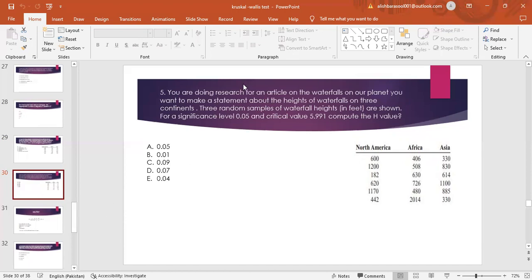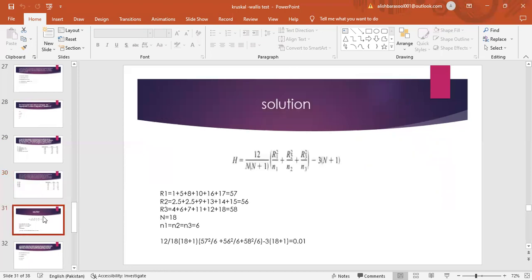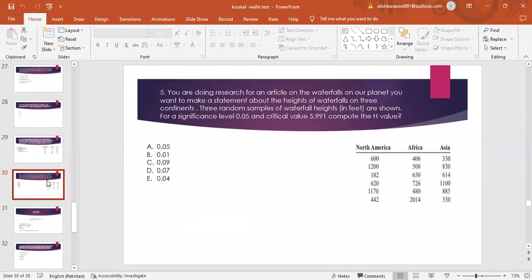Anyone like to answer? Okay, we will substitute these values in this formula for calculating the H statistic. And by substituting the values, we will get 0.01. So in this MCQ, B will be the right answer.